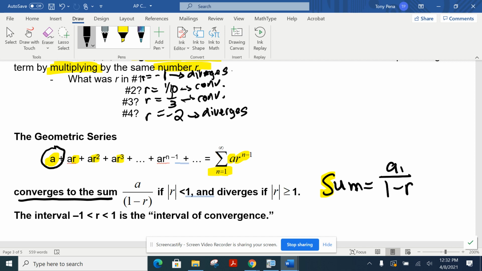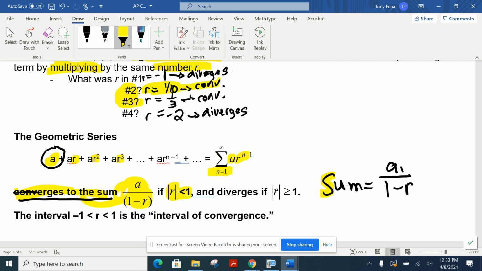All right. So this is our sum, and it's going to converge only if the absolute value of your ratio is less than 1. So go up here to numbers 2 and number 3. Our ratio was 1/10. Isn't its absolute value less than 1? And we converged.